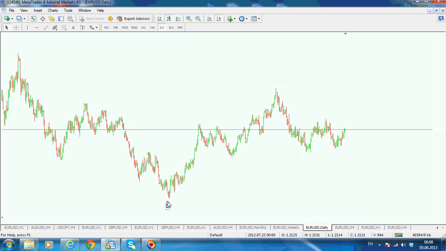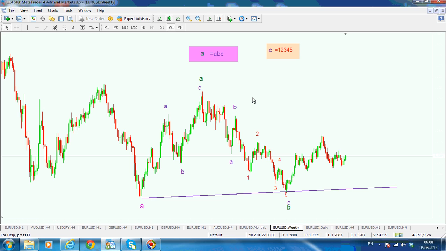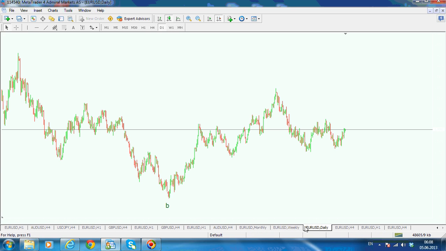Now we know that based on our color code for identifying cycles, the green wave, like it is here for the A wave, is being formed out of different waves of this degree. So when you are trying to count on a daily chart starting from here, you are looking for different waves of a smaller degree.